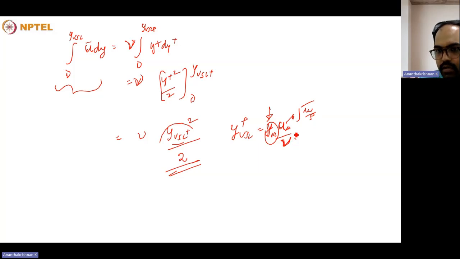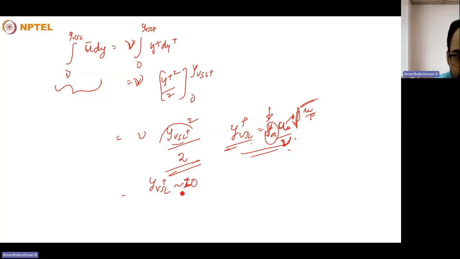This particular term, shear stress, will vary with respect to the surface, and we are trying to non-dimensionalize it. So this term is a constant for the viscous sublayer. And in this viscous sublayer, y VSL plus is of the order of 10.